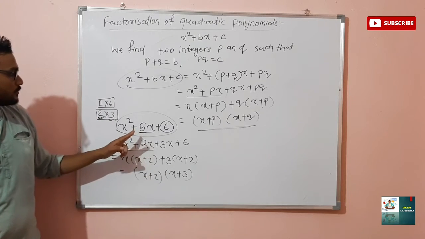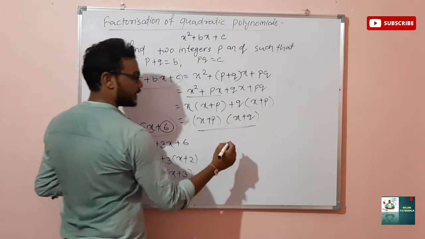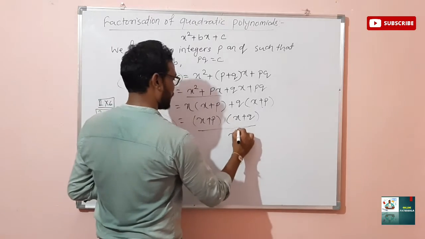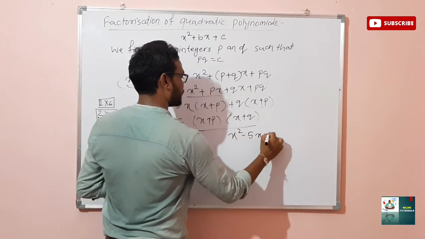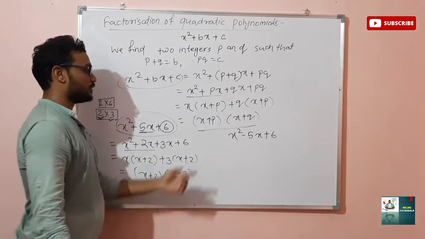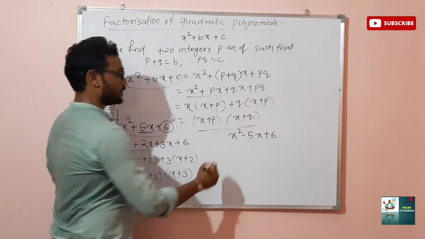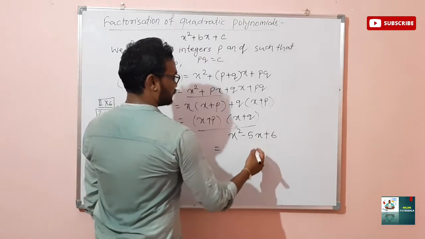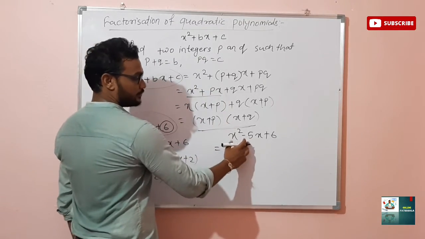Suppose I take this in another manner, that is x square minus 5x plus 6. In place of plus, here it is minus. So what will I take? Look, we need minus 5.